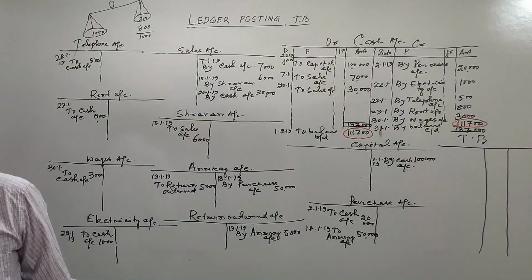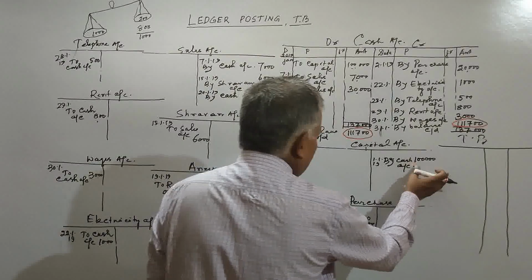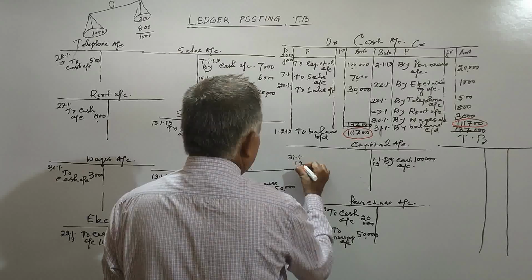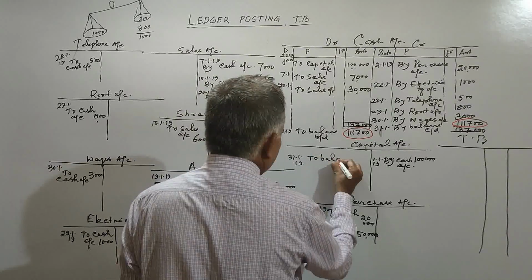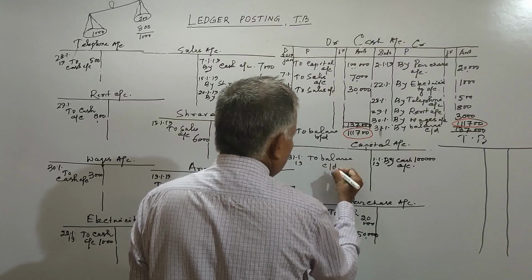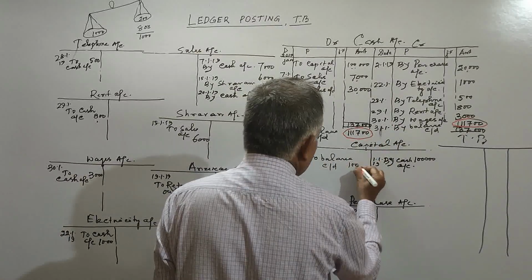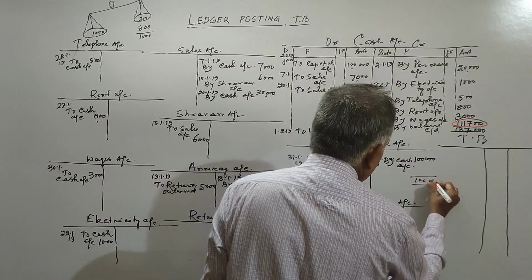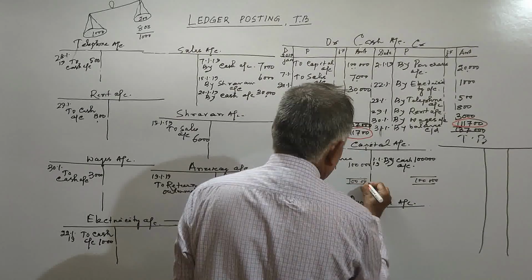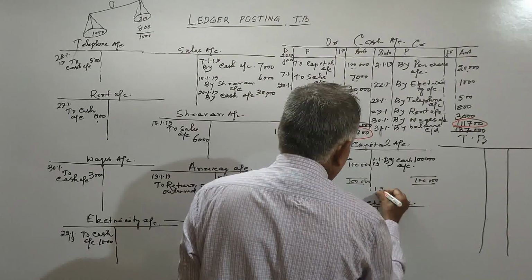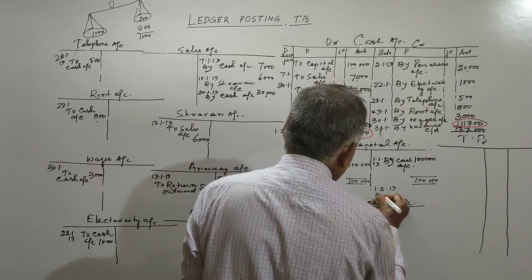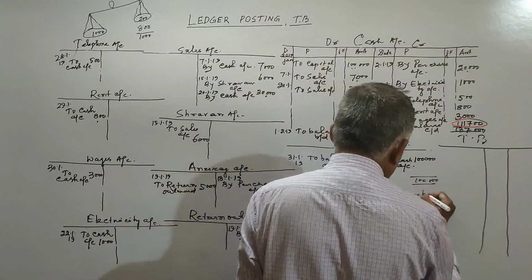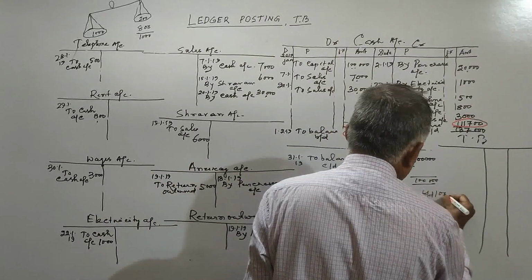Then let us go to your capital. Capital, only credit is there. You write the last date, to balance CD, continue to the next period, 1 lakh, make a total, and 1/2/19 by balance brought down 1 lakh.